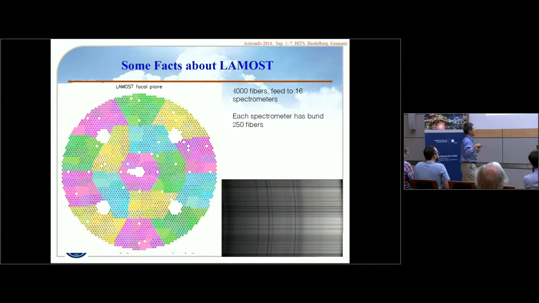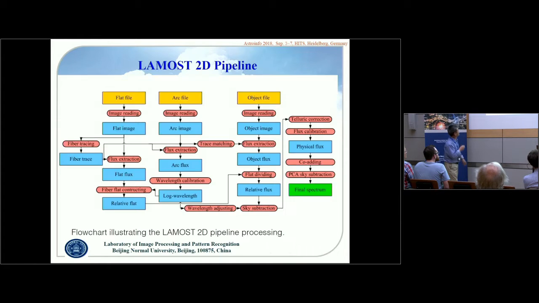Our task is to deal with this two-dimensional CCD image, and here is the flow chart of the two-dimensional pipeline.